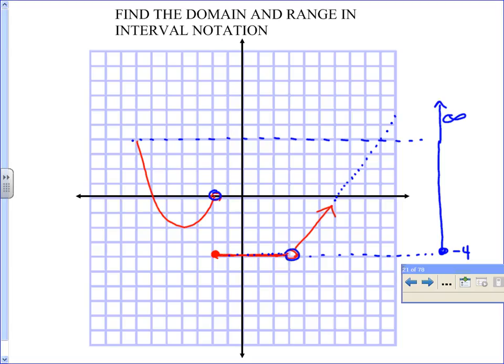I have a hole here, but as this arrow continues, that height is going to get replaced here. So I don't need to worry about that hole. And so that means that my range is actually going to be pretty easy. I'm going from -4, which is my smallest, including -4, up to positive infinity. Okay, and that's my range here.